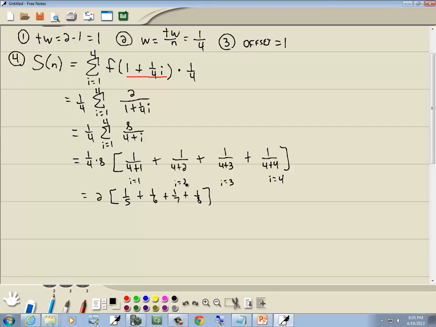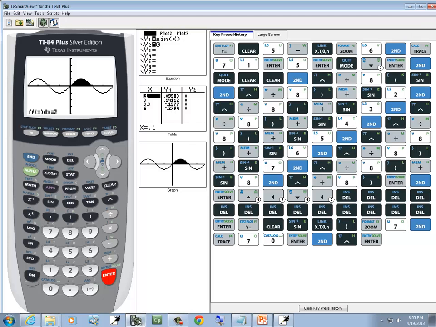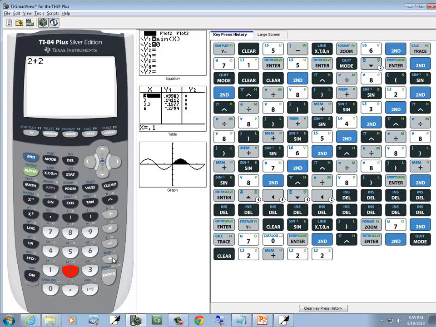I'm going to go ahead and plug that in my calculator. These are approximations, so decimals are fine. Usually in Calc 1 we don't like decimals.